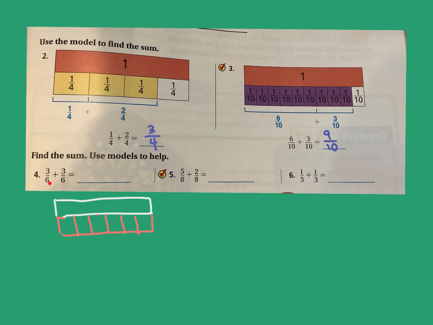Okay, this one wants 3/6 plus 3/6. I drew the 1, and then underneath it, I drew that same full amount split into 6 equal pieces. So I did 5 hash marks here because that gives me 1, 2, 3, 4, 5, 6 segments, sixths. And there I've written in the unit fraction of the 6 equal pieces. And I'm adding 3 of them.